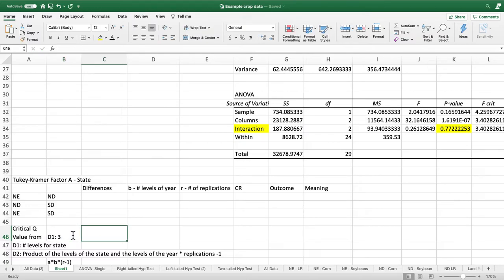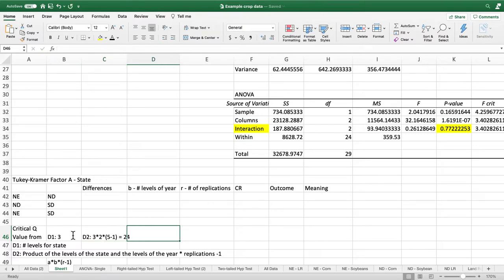Now for D2, we have to take the product of, again, the level of states times the level of year. So 3 times 2 times number of replications 5 minus 1, which is 24.